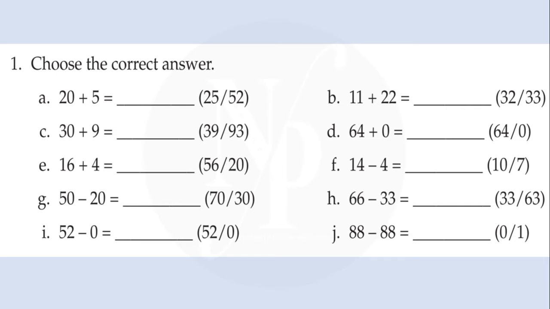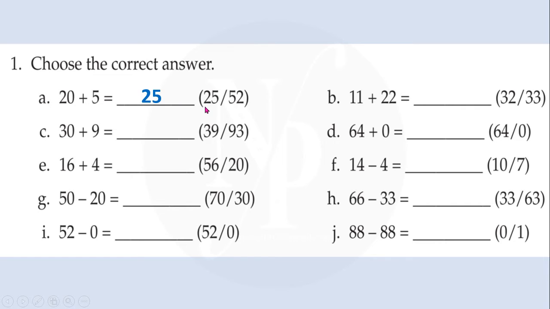You can stretch your 5 fingers and count 20 onwards. That is 21, 22, 23, 24, 25. So 25 is the correct answer. We should write 25 in this space. 20 plus 5 is equal to 25.